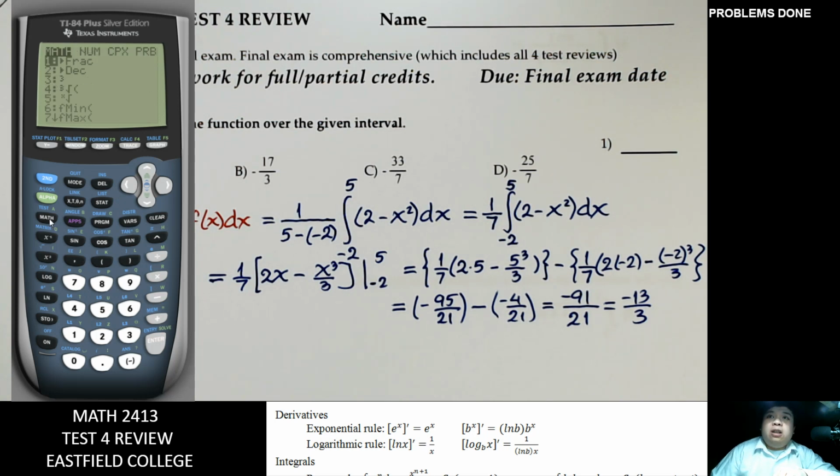So if we want to check, we can do this: fraction, 1 over 7, math, go down to integral, negative 2 to 5, 2 minus x squared.